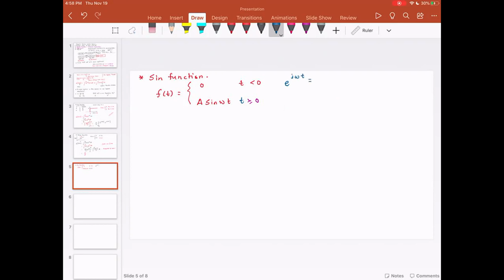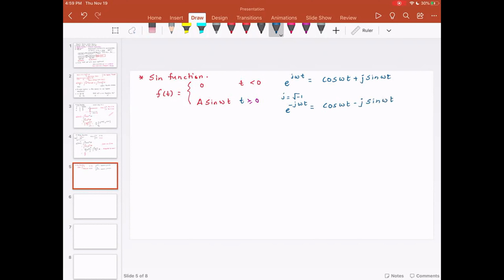e to the j omega t, where j is square root of minus 1, is nothing but cosine omega t plus j sine omega t. And the next term is e to the minus j omega t is equal to cosine omega t minus j sine omega t.